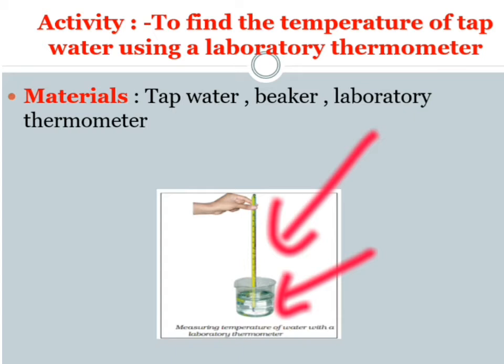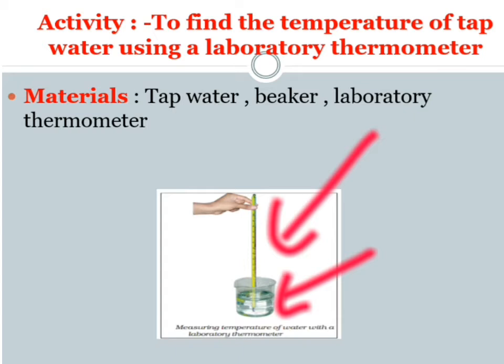And compare the temperature of water recorded by each student in the class. Okay. Now observation: the reading of the thermometer shows the temperature of tap water at that time.